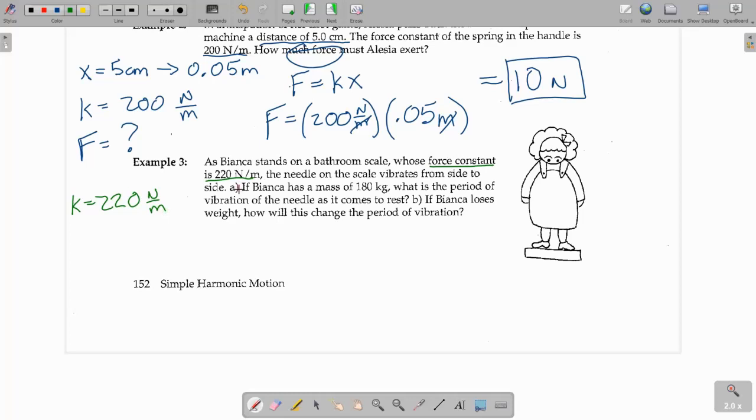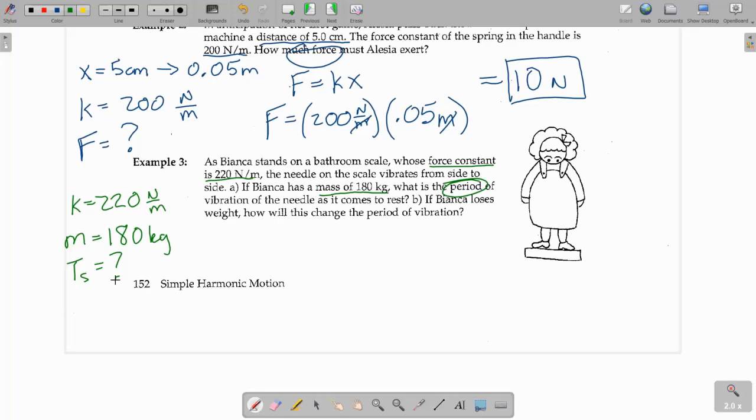A, if Bianca has a mass of 180 kilograms, what is the period of vibration of the needle as it comes to rest? So this is asking for the period of a spring. Okay. And then part B, if Bianca loses weight, how will this change the period of vibration? Okay, we'll come back to that.